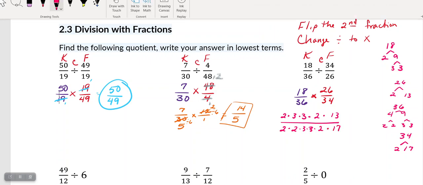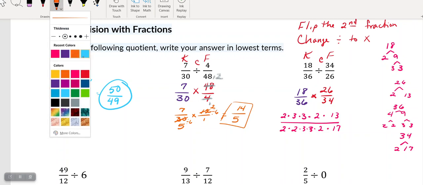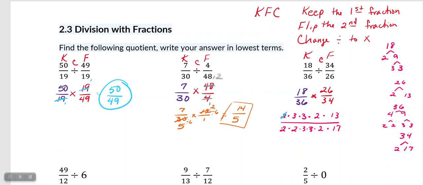I can look at what's going to cancel. Remember, for every number I have on top, I can cancel that number on bottom. So a 2 on top cancels a 2 on bottom. A 3 on top will cancel a 3 on bottom. This 3 will cancel this 3. This 2 will cancel this 2. And then nothing else cancels.